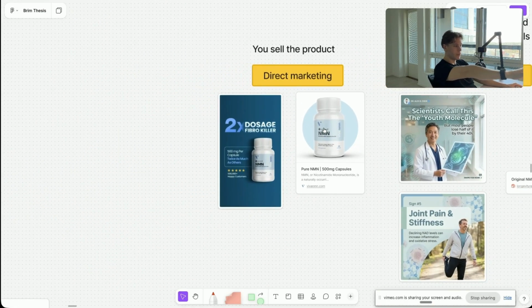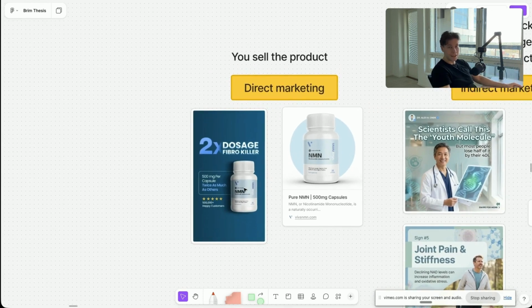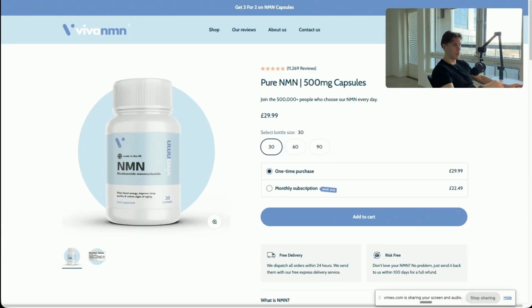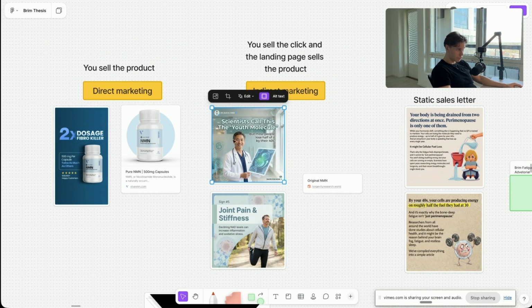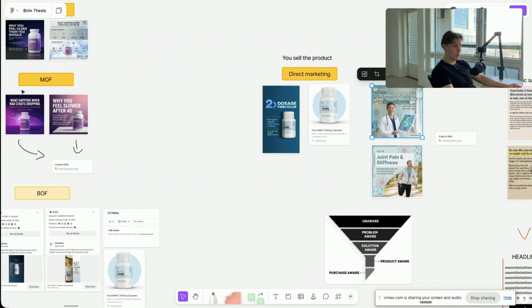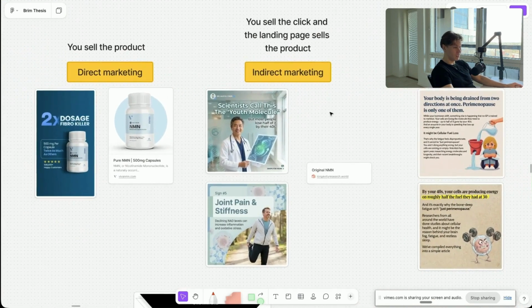So the direct marketing is where the product is in the ad, you are selling the product. Of course, it leads straight to the product page. And there's indirect marketing. These are the same company as this. You sell the click and your landing page sells the product.